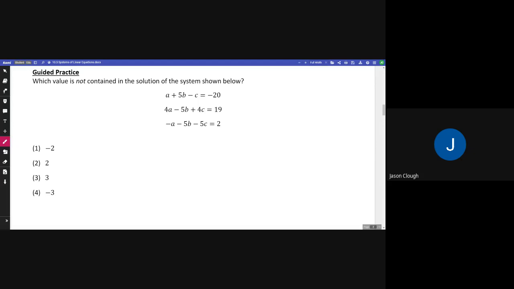I can actually use whatever equation I want to get rid of whatever variable. I'm going to try to get rid of the fives. Since I have a plus 5, minus 5, minus 5, it's going to be really easy for me to get rid of those 5 terms, or sorry, the b terms. So I'm using the first and second equation.